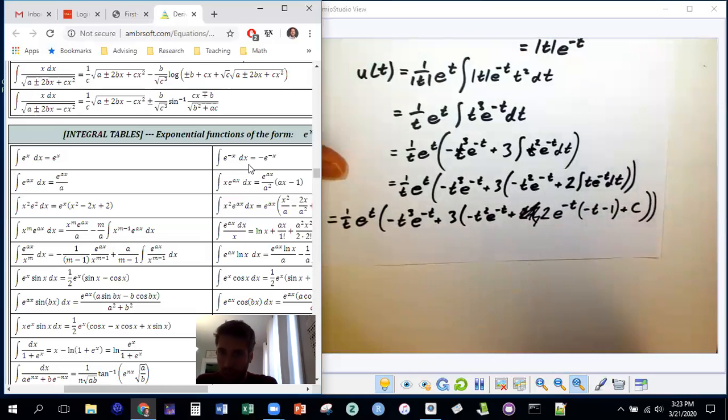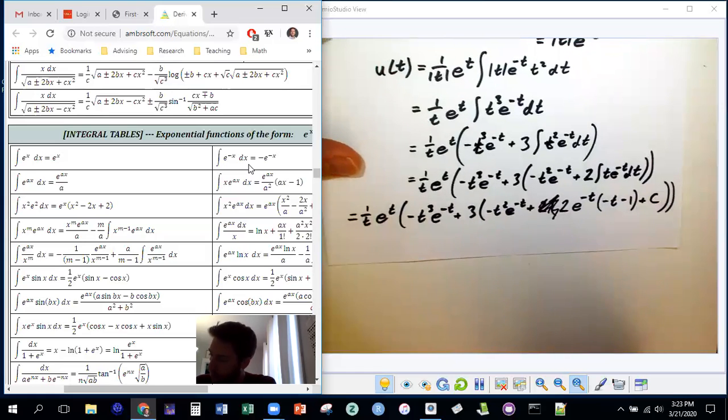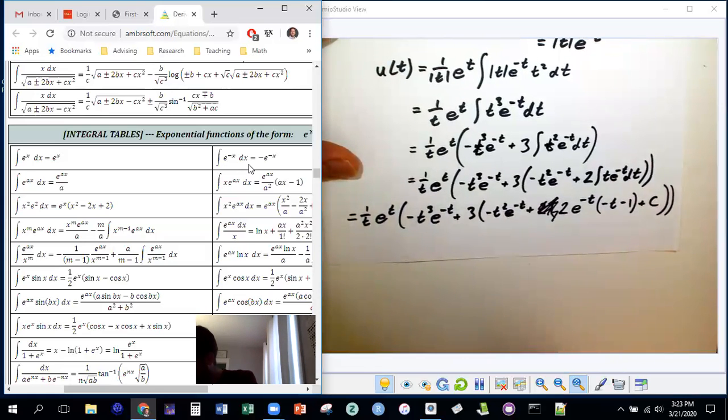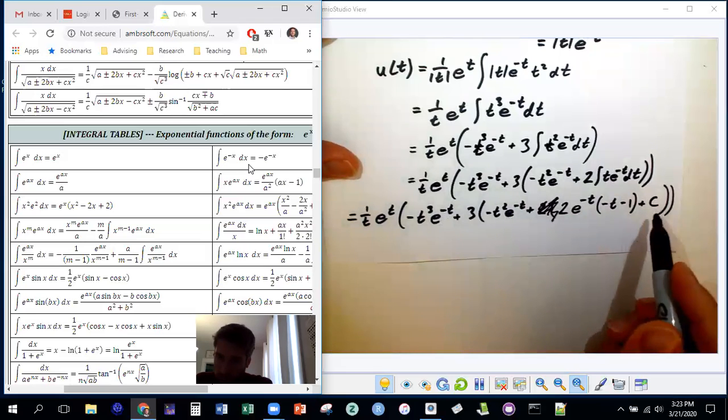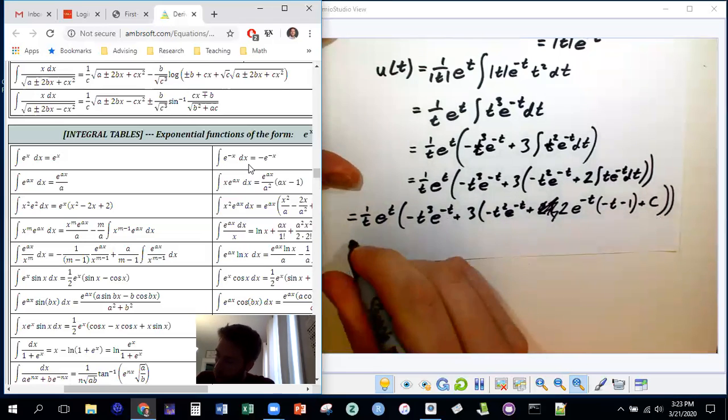All right, let's see if we can expand that. Okay, every single term has an e to the negative t except the C. So I'll move that up front.